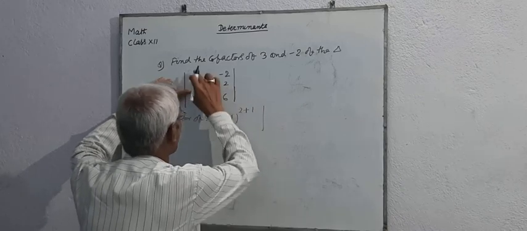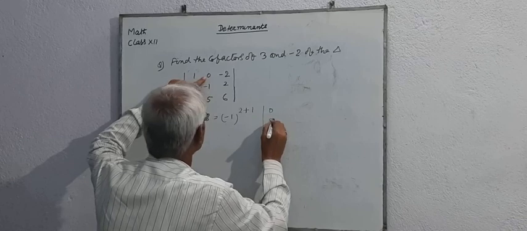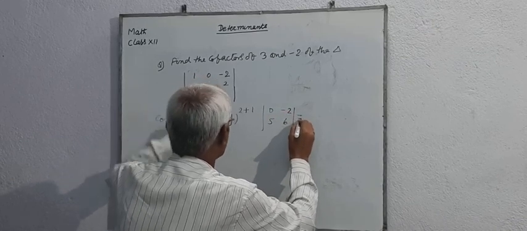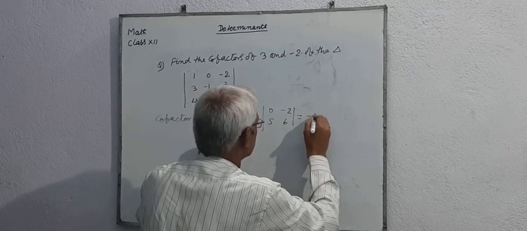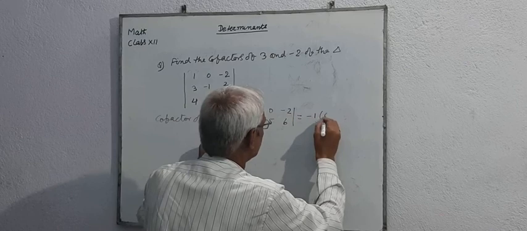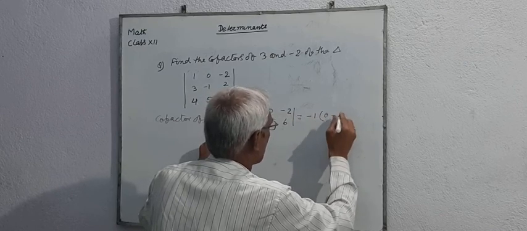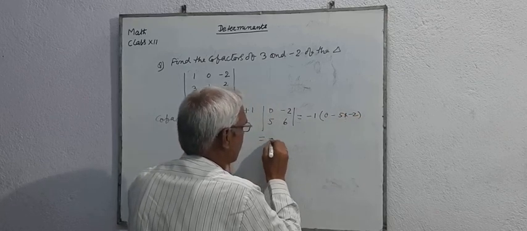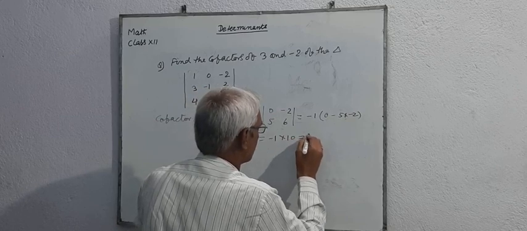Eliminating the second row and first column, we get the determinant 0, 5; minus 2, 6, which equals minus 1 to the power 3 into (0 into 6 minus 5 into minus 2), equal to minus 1 into 10, equal to minus 10.